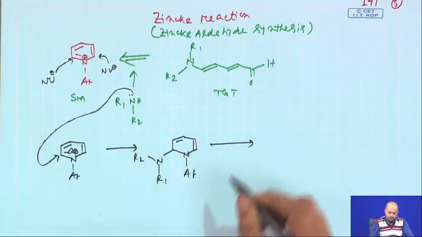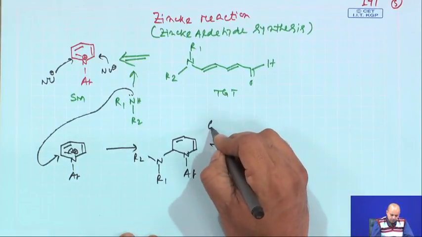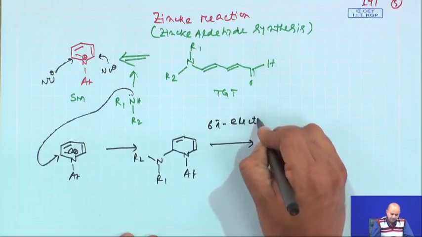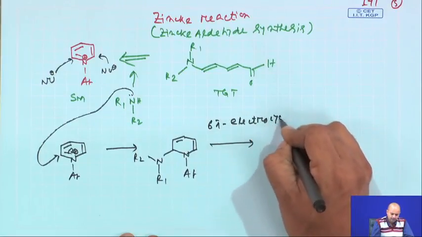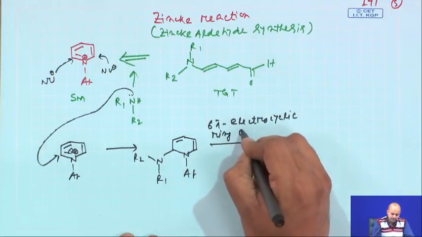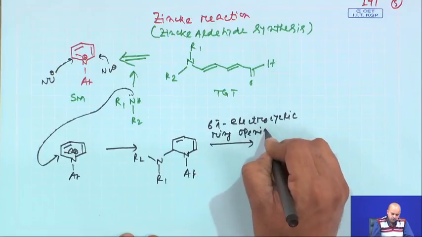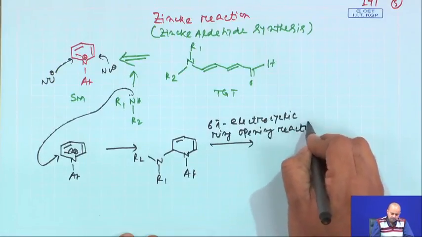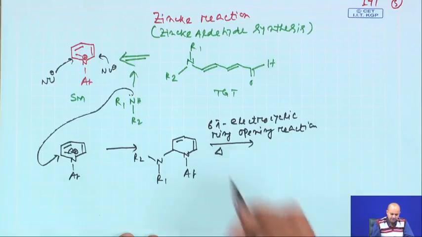Now, this is very interesting. I am not sure whether you know it, but it is a pericyclic reaction, a 6 pi electrocyclic ring opening reaction. I am sure all of you have studied this reaction. It occurs in a thermal fashion, 6 pi electrocyclic ring opening.